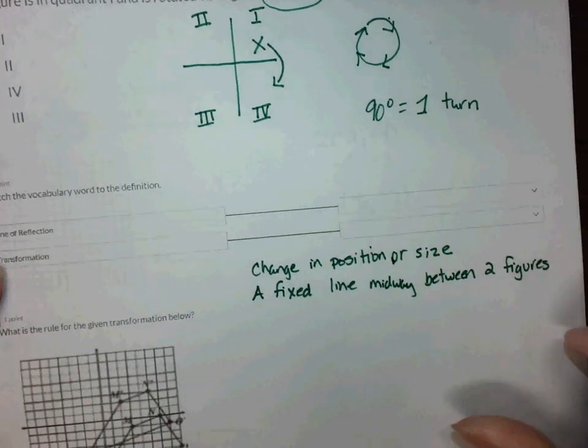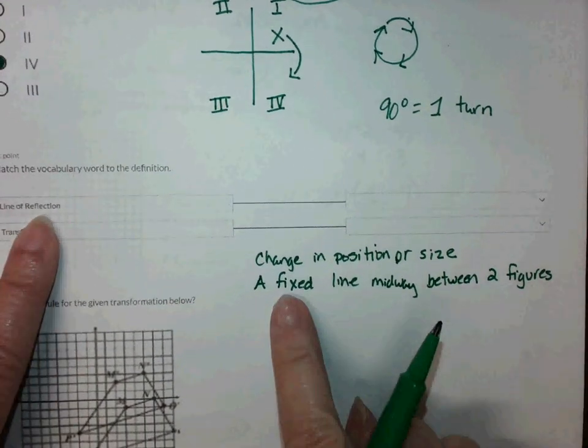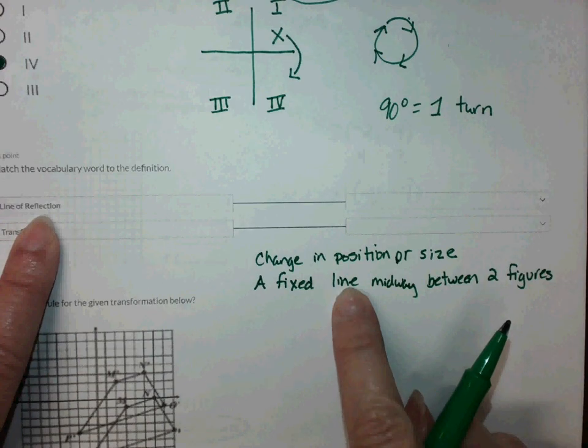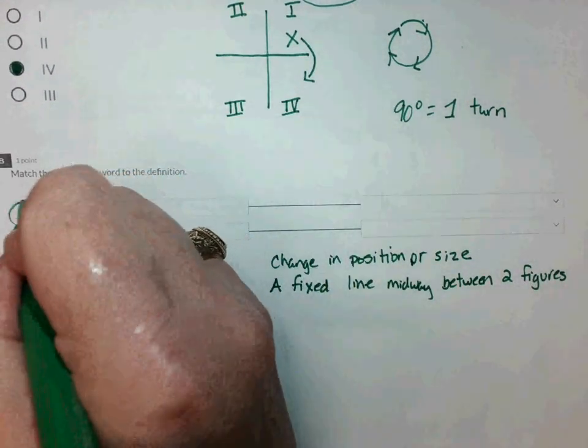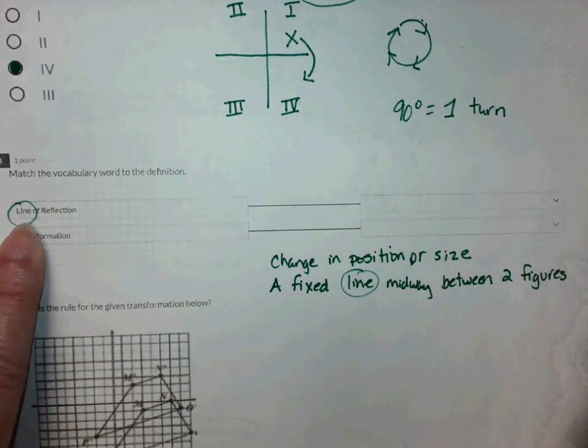So y'all, a line of reflection, I'm thinking it's going to be the one that has the word line in it. Line of reflection, fixed line.